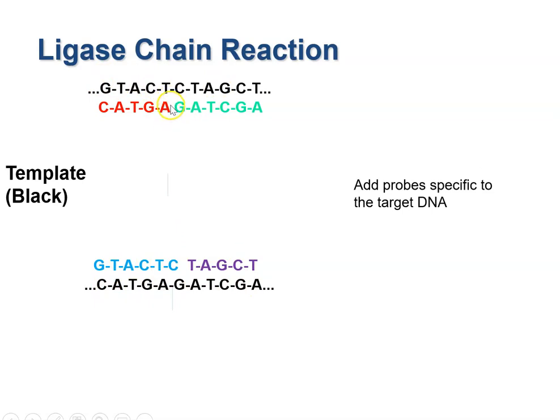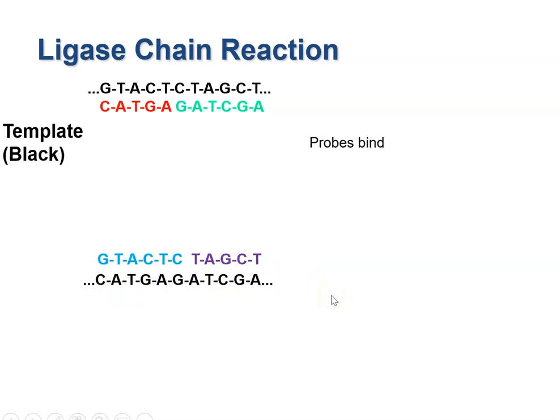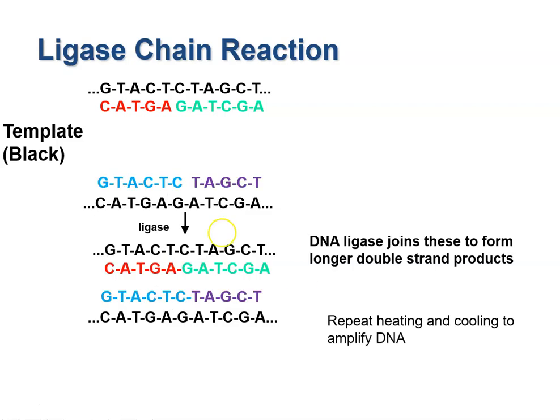And what you can see here is I've deliberately left out a little dash there because that shows that there is no phosphodiester bond between this A and this G, and no phosphodiester bond between this C and this T. So the probes will hybridize to the template here, the probes will hybridize to the template here, and then we add in, once they're bound, DNA ligase, and DNA ligase will put in the phosphodiester bond here, and this will create two new synthetic pieces of DNA.